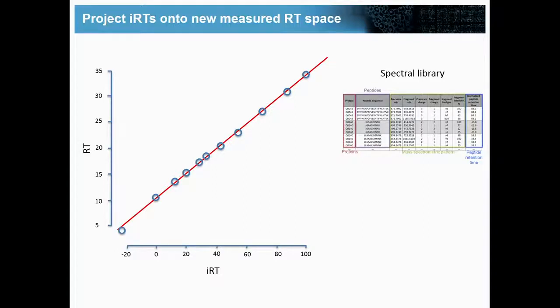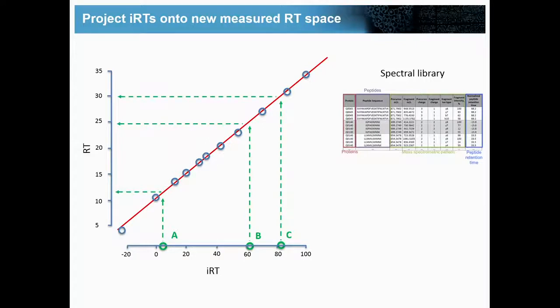We can now go to our spectral library, our peptide query parameters, and we know what the normalized peptide retention time is. So we just plug this back into the linear regression. If this peptide C had an IRT value of 80, then we go back to the linear regression, and we can predict what the retention time in this run should be exactly, right?